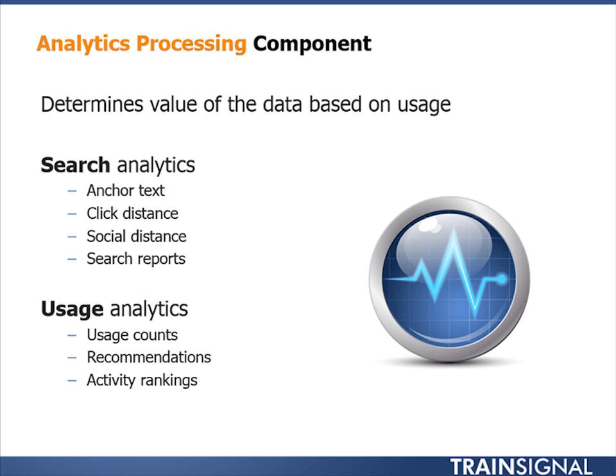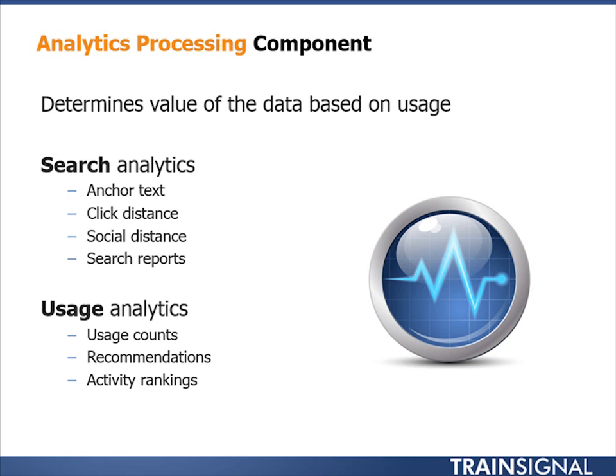And it will perform a couple of different types of analytics. It's going to do our search analytics and our usage analytics. Now our search analytics is going to include things like anchor text, where if I create a link to an item and I do a search based on a keyword, and that keyword happens to exist inside of that link, then what's going to happen is it's going to highlight or move up in my result set the document that that item points to.